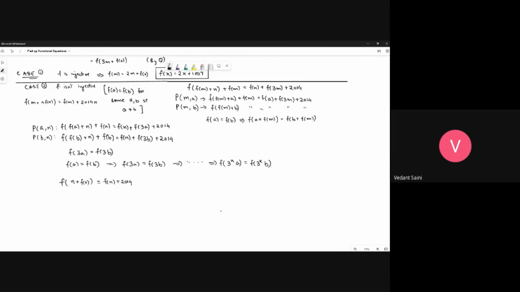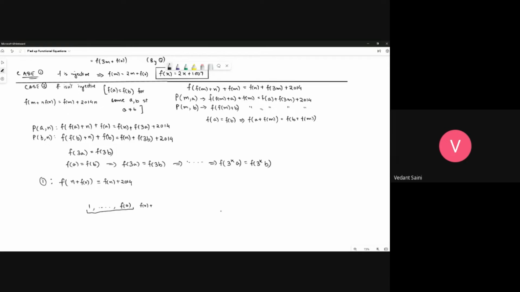Let's try to visualize what this equation means. We take 1 here, not 0, let's start from 1. We go on till f of 0. Call this one group.